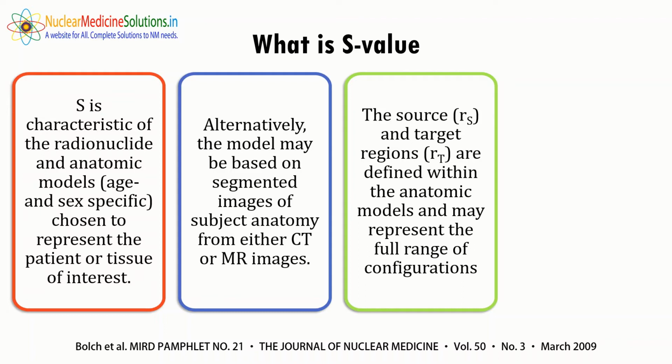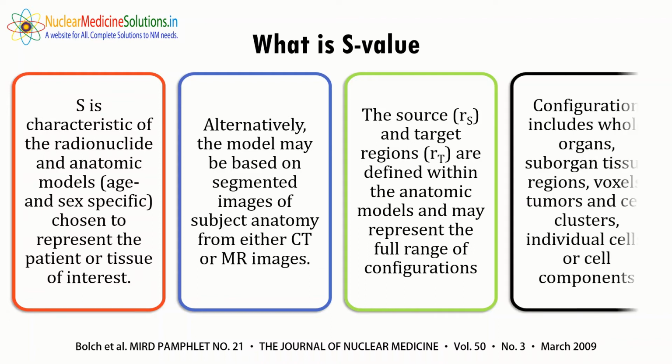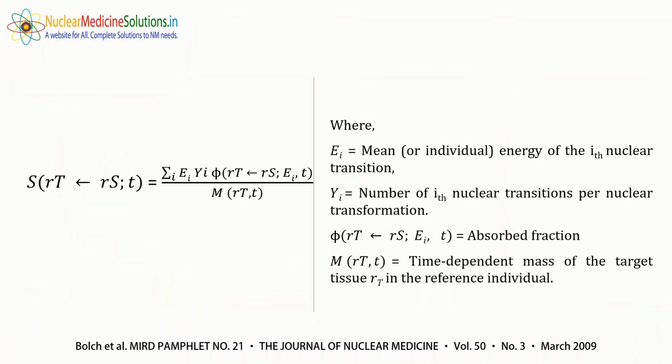The source rS and the target rT are defined within the anatomical models and may represent the full range of configurations. These configurations include whole organs, suborgan tissues, voxels, tumors and cell clusters, individual cells or cell components. This means we can calculate the dose assessment for all of these configurations.